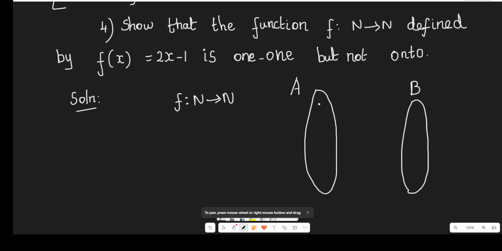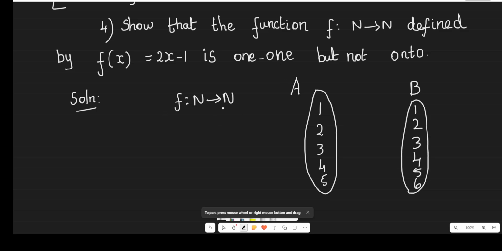In A we have 1, 2, 3, 4, 5, and it goes on. Same here in B: 1, 2, 3, 4, 5, 6. This is explicitly given, but we need to define the relation.